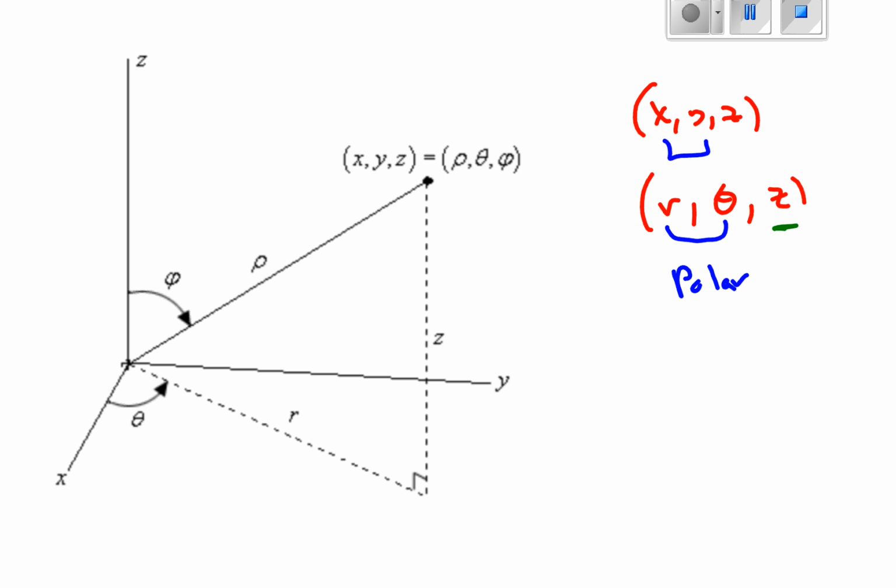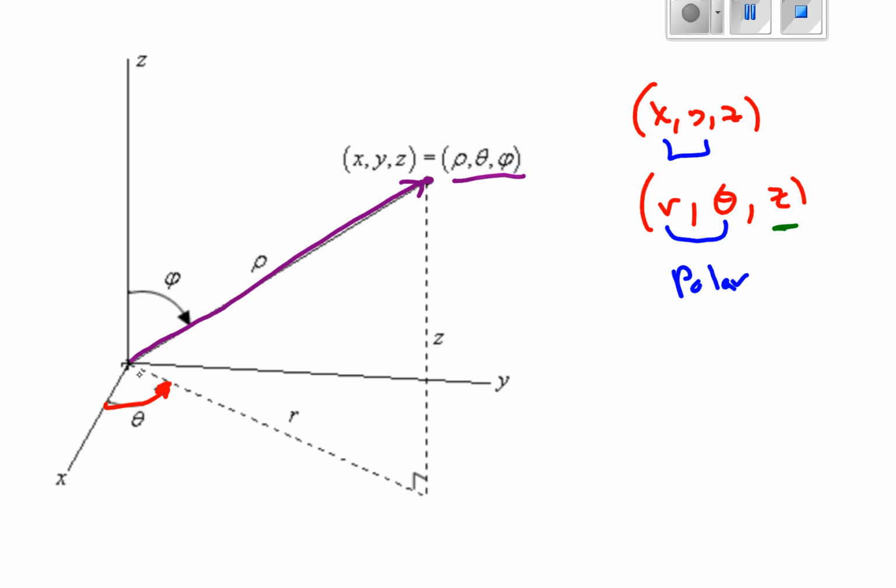Today I want to talk to you about something called spherical coordinates, which have components rho, which is the distance from the origin out to your location in space. It has a second value theta, which is the theta that you know about from polar coordinates or cylindrical coordinates.